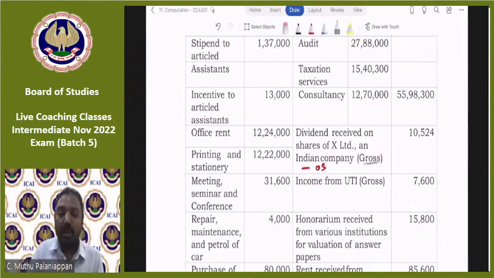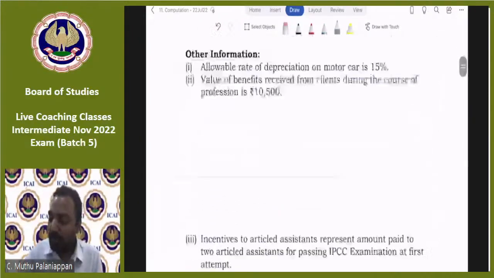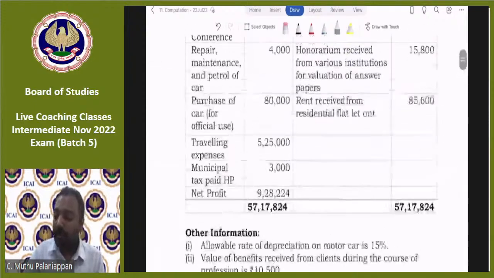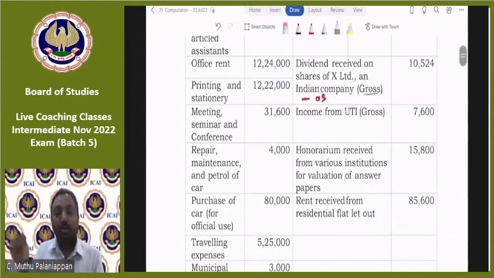The end of the question will tell you whether you need to compute income alone or also the tax payable. Now the question also wants you to compute tax payable. So whenever you read each word, you should also know whether there will be any TDS on it. This number, 10,524, is subject to TDS.